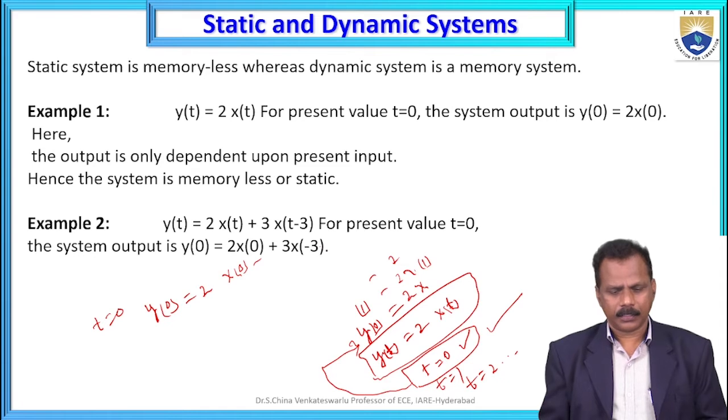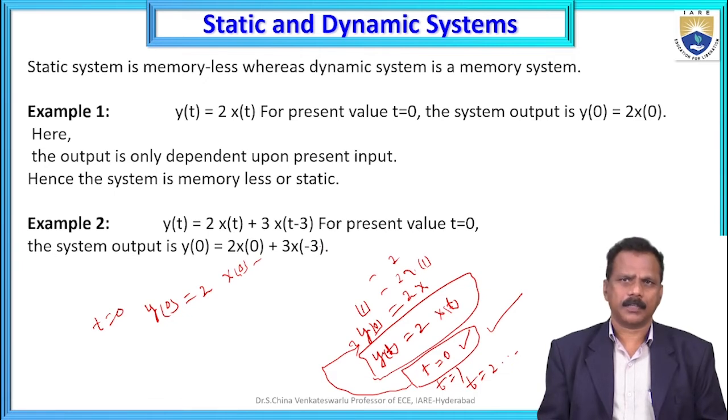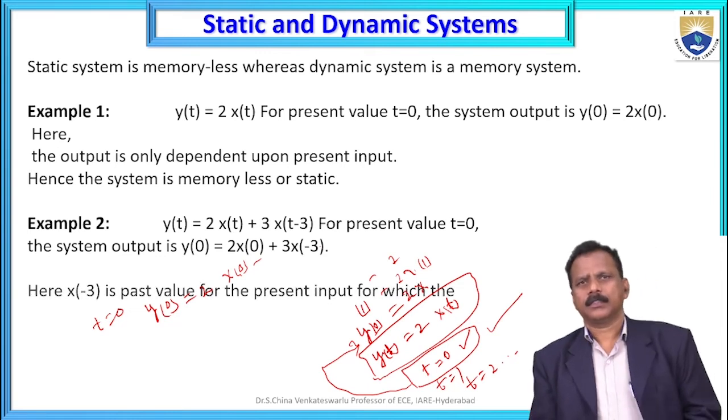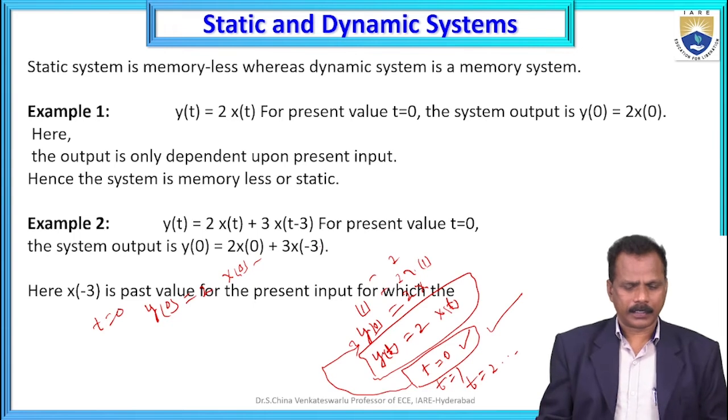Okay, so here the system output is y of 0 equal to 2 into x of 0 plus 3 into x of minus 3.